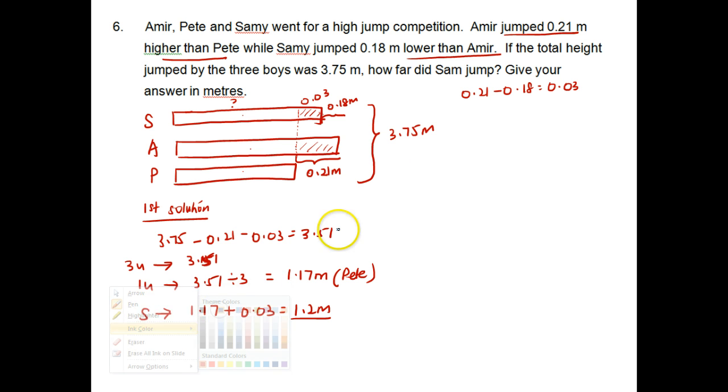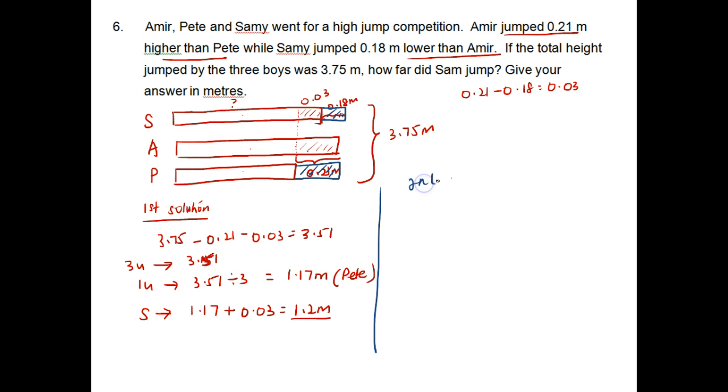Alternative solution would be I add, so my second method would be 3.75 add 0.18, I add 0.21, which is 4.14.